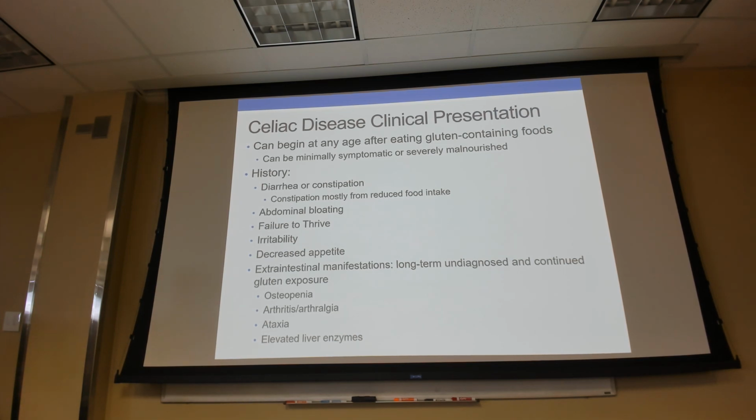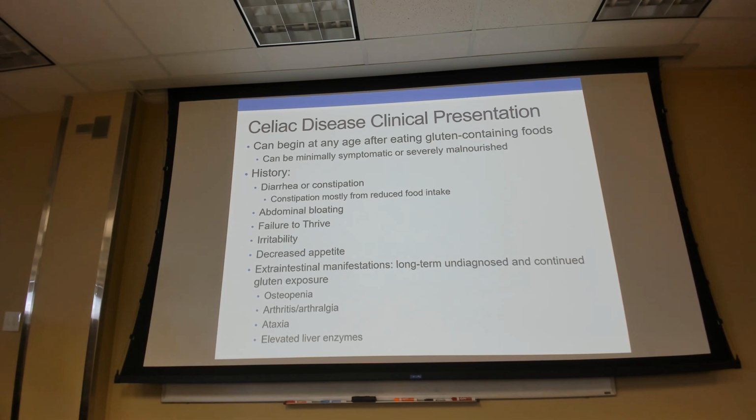Things to also think about with kids is if they have the extra manifestations. So you wouldn't really expect to see osteopenia in a child. We haven't really ever brought up things like a child's joints hurting, arthritis, arthralgias. That's not normal for children. So if they are presenting with some of those symptoms, this is something to think about.